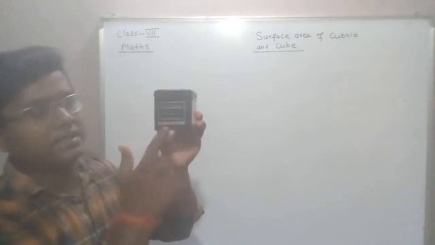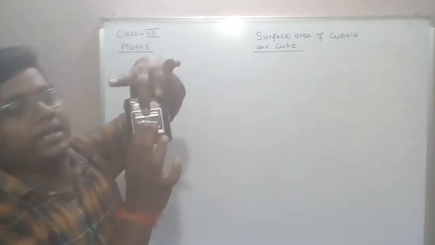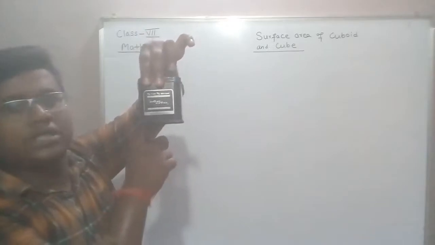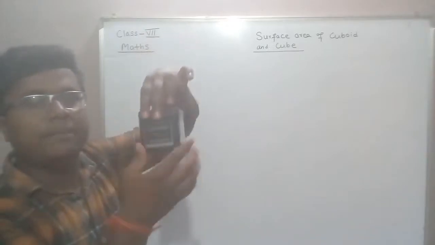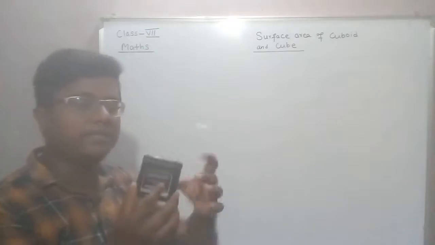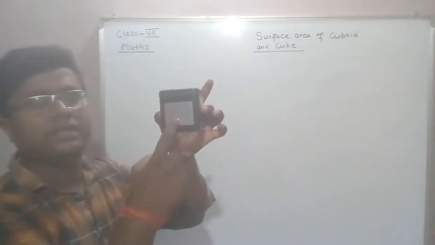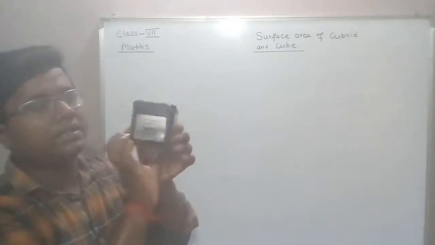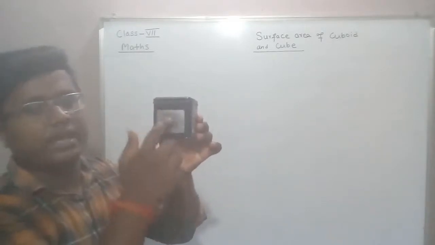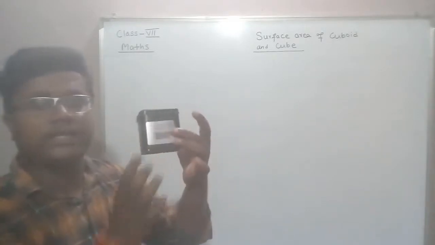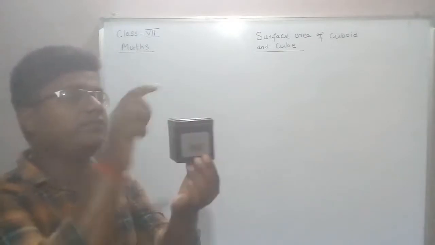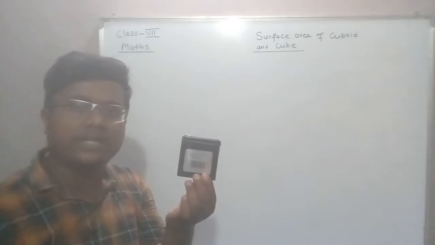Similarly, there is another rectangular surface and its opposite rectangular surface, and both have the same area. So altogether it has 4 lateral surfaces.